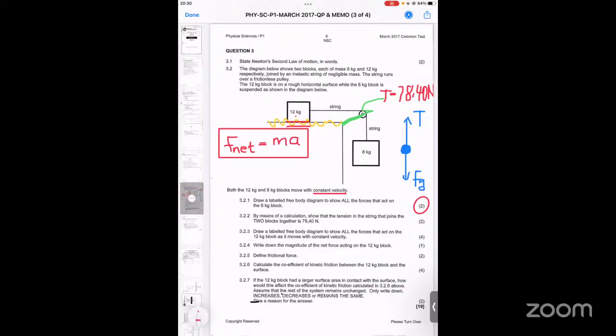So that means any question related to those two, if you're focusing on one of those, you just know that, okay, the tension is that, it could be that it is the direction that is different. So when you look at it, it's like the 12 kg is pulling the 8 kg, and it's like the 8 kg is pulling the 12 kg. So that is why the directions will be different. It's like both of them are trying to pull that string, and with pulling from both sides, the pain felt by that string is 78.40 newtons.